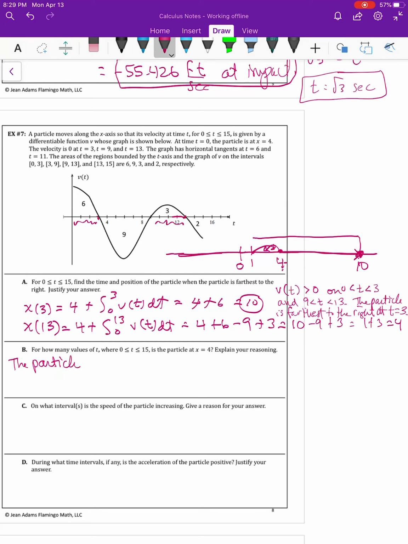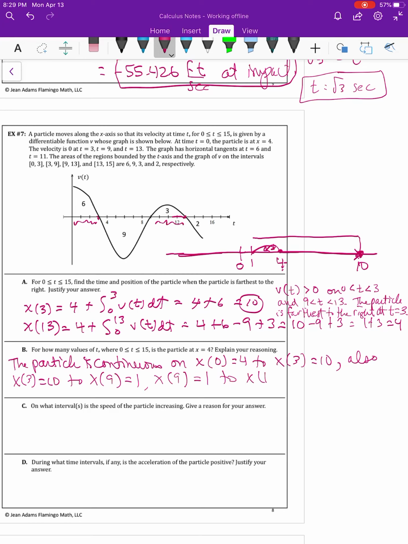For how many values of t between 0 and 15 is the particle at x equals 4? And explain your reasoning. And so I put the particle is continuous on x of 0 equals 4 to x of 3 equals 10. Also, x of 3 equals 10 to x of 9 equals 1. x of 9 equals 1 to x of 13 equals 4.